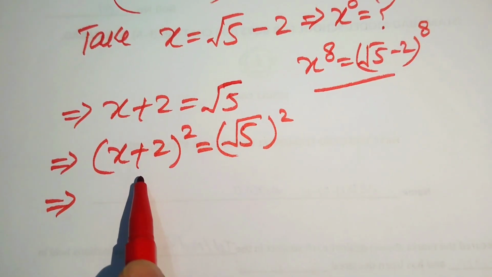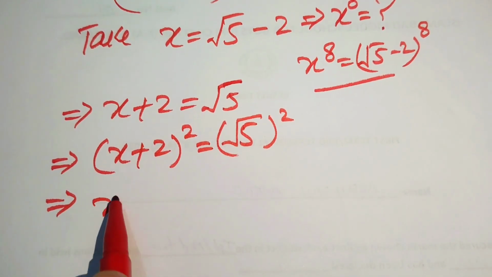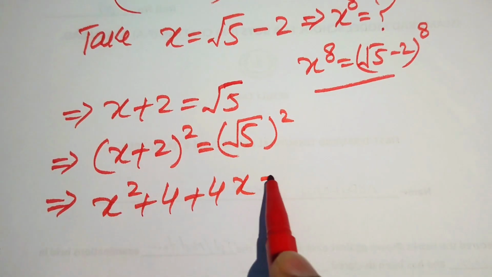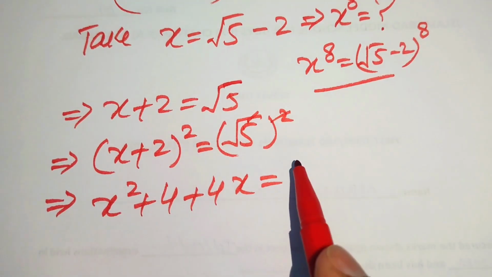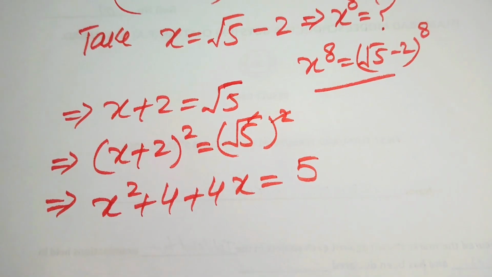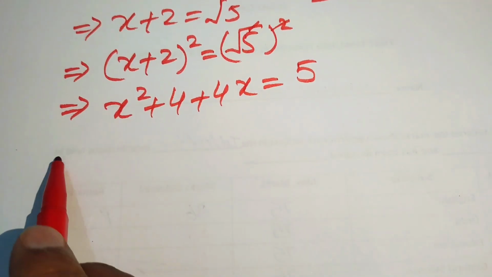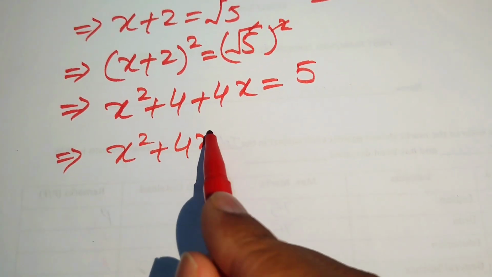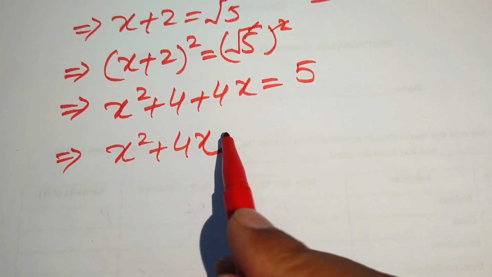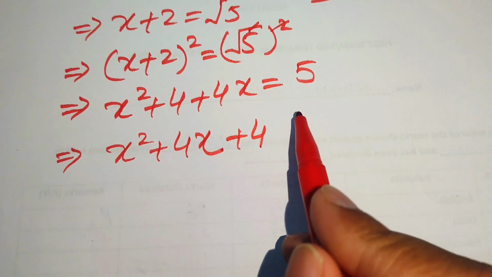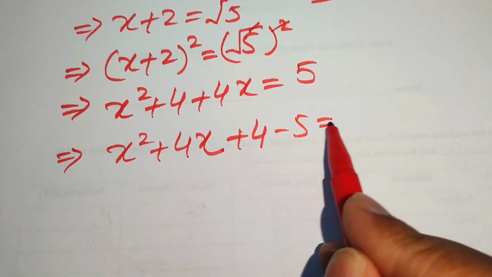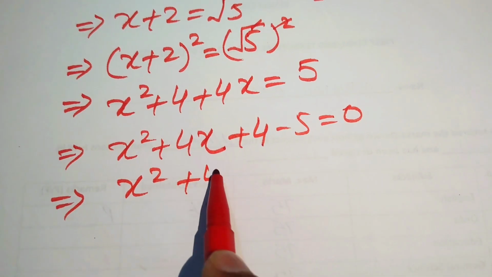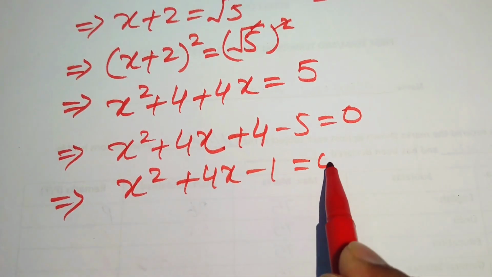Here we need to expand (x plus 2) whole square, and it will be written as x square plus 4 times x plus 4 equals, these are cancelled by each other, and we get 5. And after this step we have x squared plus 4x plus 4 minus 5 equals 0. So here you get x squared plus 4x minus 1 equals 0.